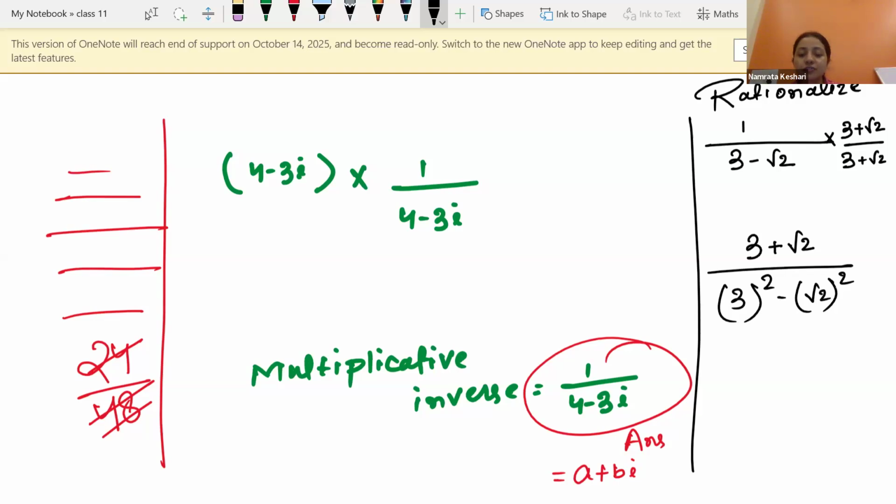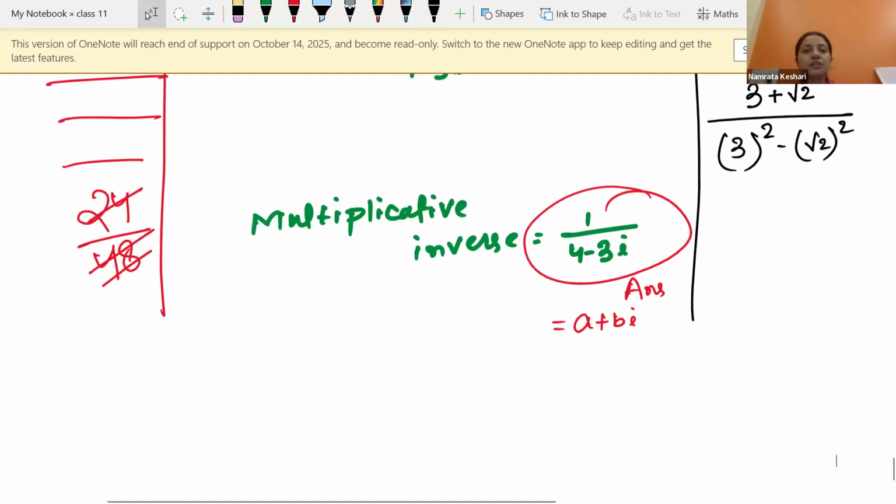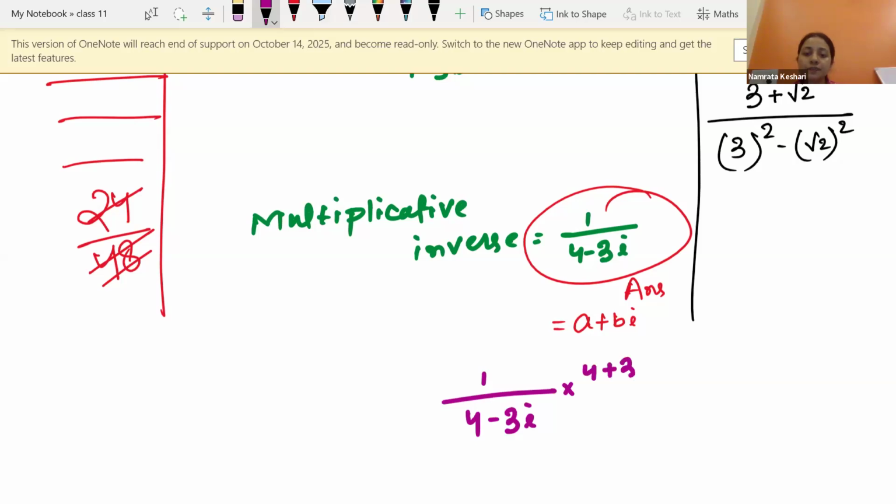So if you have 1 by 4 minus 3i in the answer, what you can do is multiply numerator and denominator with 4 plus 3i. Okay, how it is going to help you, let me show you. You have 1 by 4 minus 3i as an answer, but writing the answer this way is not allowed. So you perform a few extra steps. You multiply the numerator and the denominator with this one.